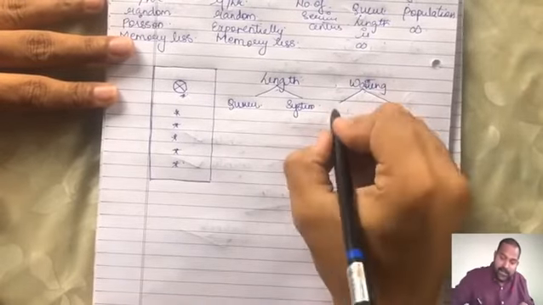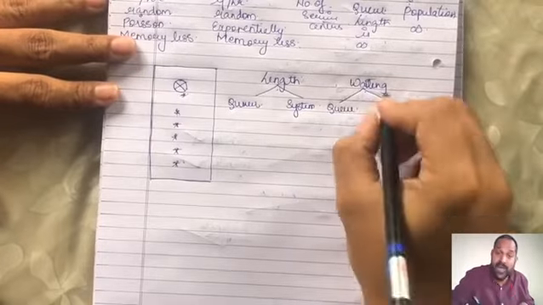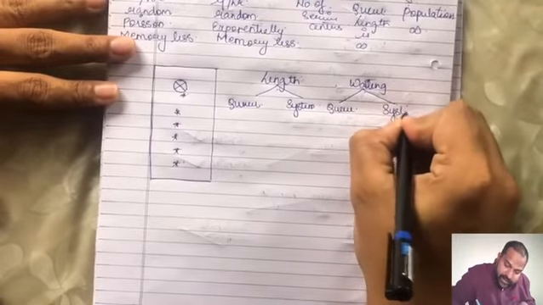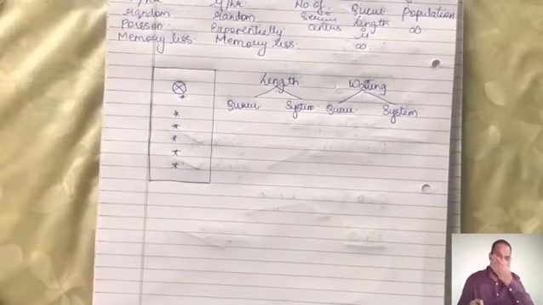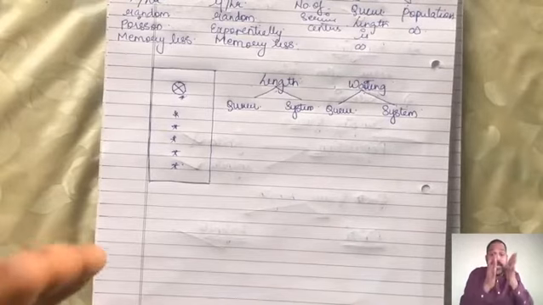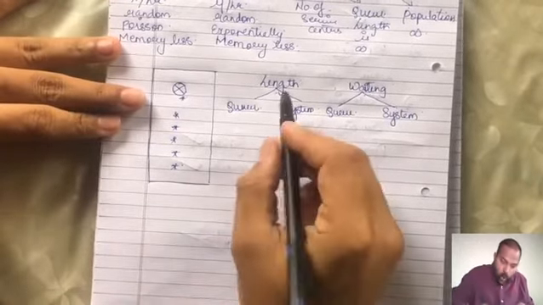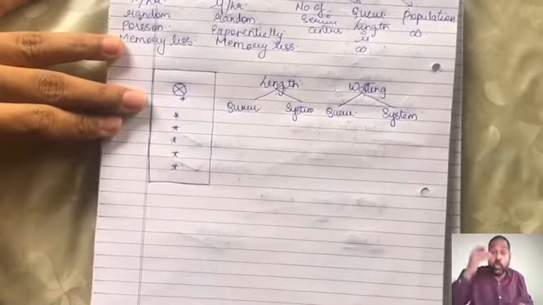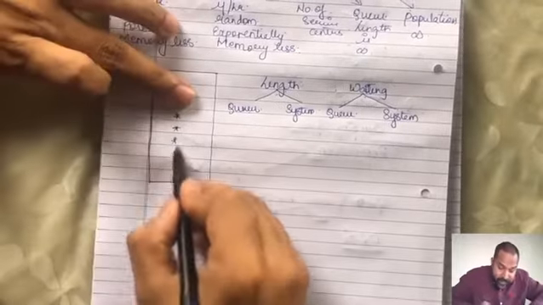Similarly, I am concerned about the waiting in the queue and the waiting in the system. What does that mean? How long is the queue? Now, when you ask me how long is the queue or the length of the queue, you are asking me how many people are waiting in the queue.